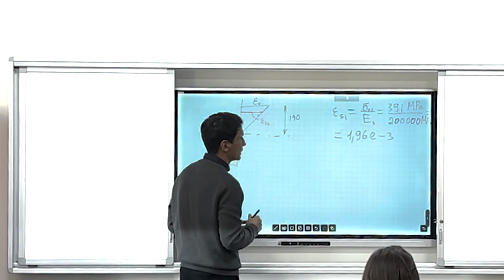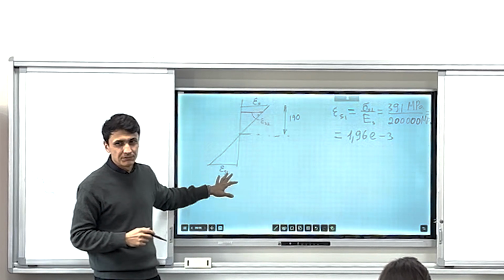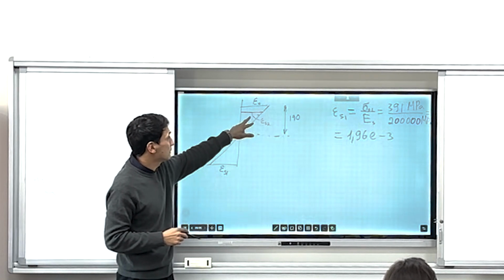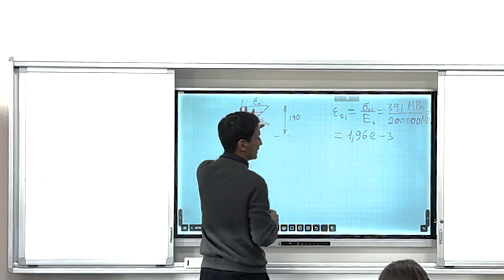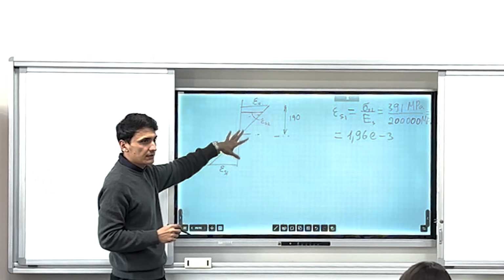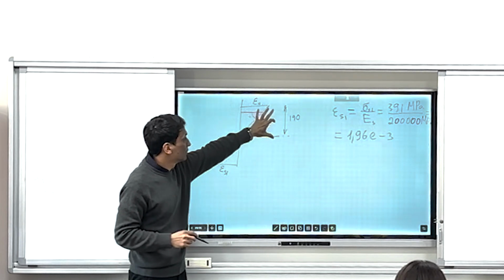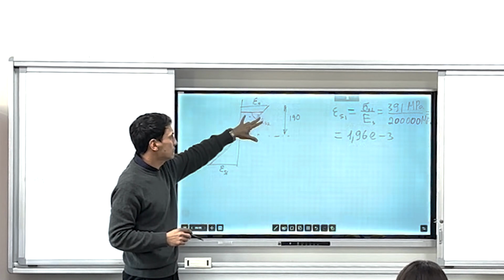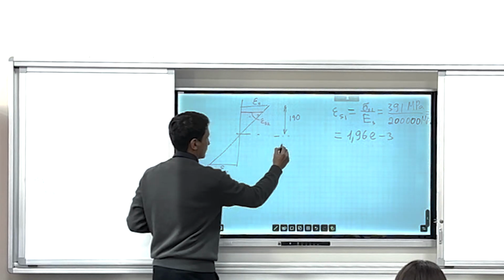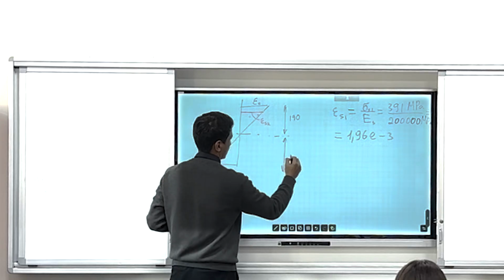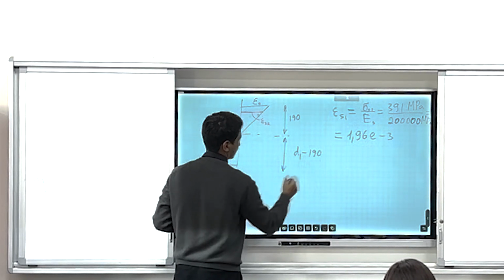So now we know the strain at the bottom rebar, just because it is yielded. Now we need to find strain at the top rebar. From a mathematical point of view, you have two triangles and you can take the ratio of 190 to epsilon S2, which is equal to this distance, D1 minus 190.